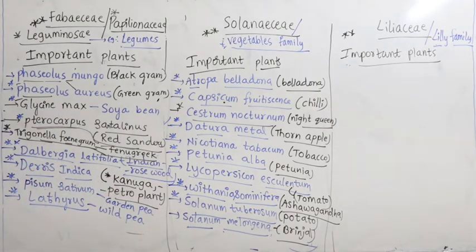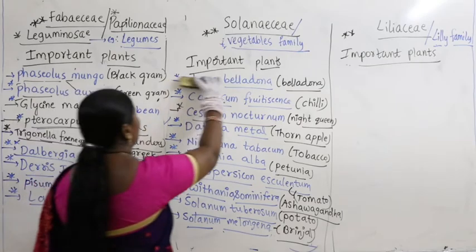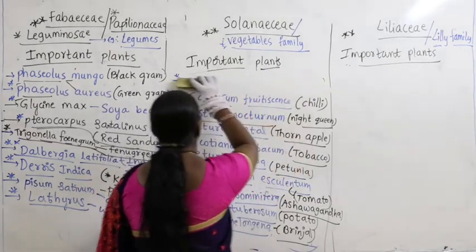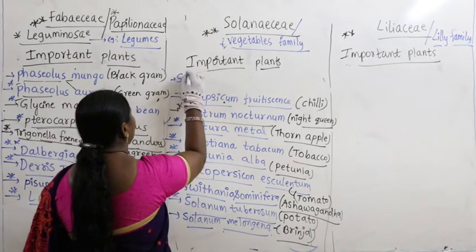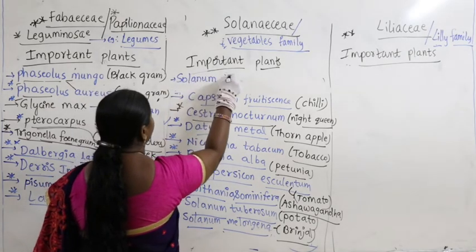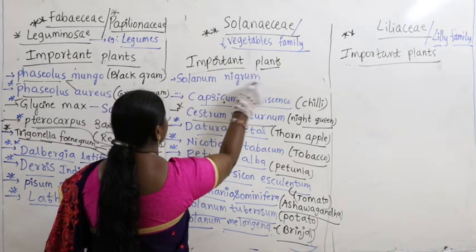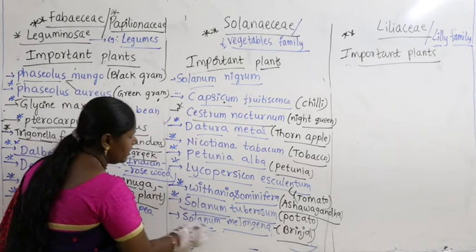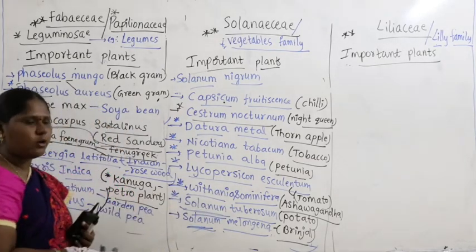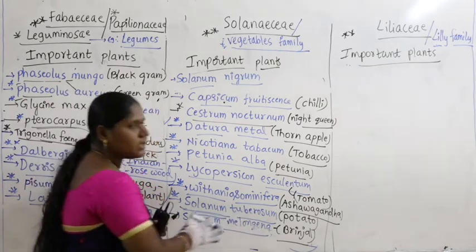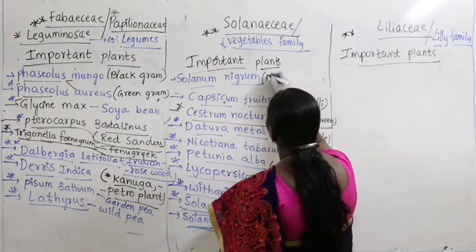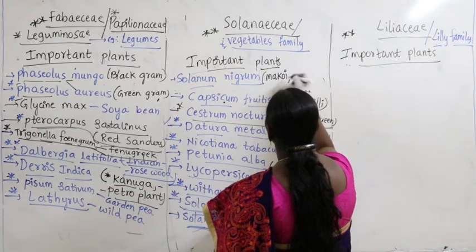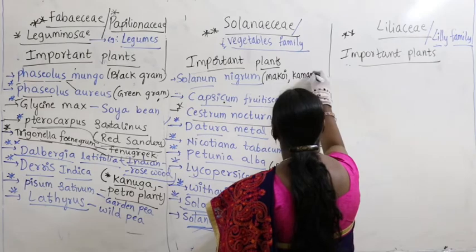Then another plant what we have, Solanum nigrum. So in these 3 cases the genus is the same. Solanum tuberosum means potato, Solanum melongena means brinjal, then Solanum nigrum is commonly called makai, or is also called kamanchi.